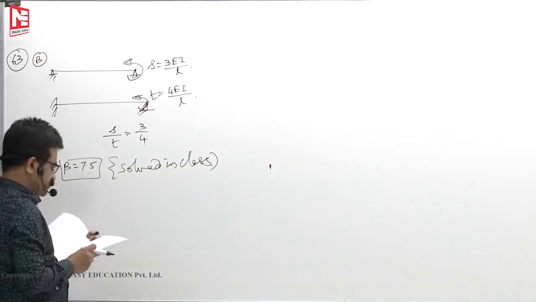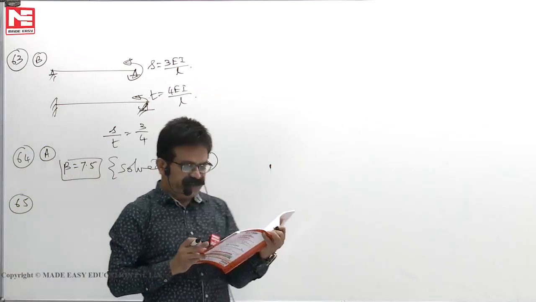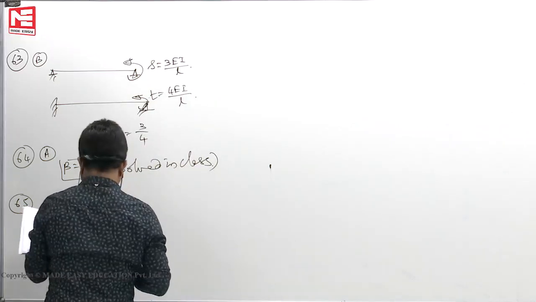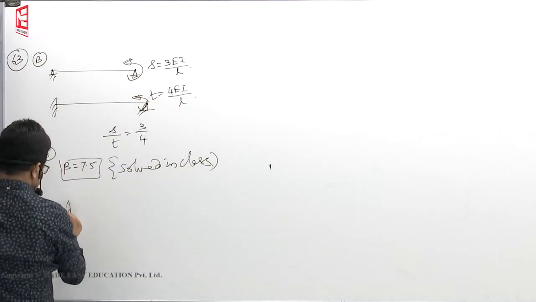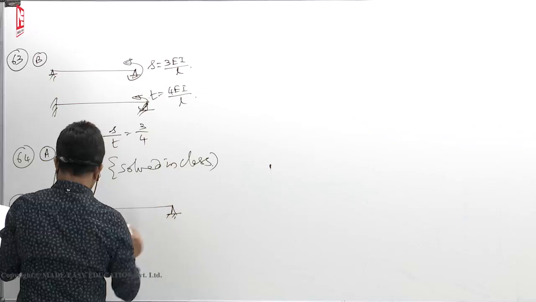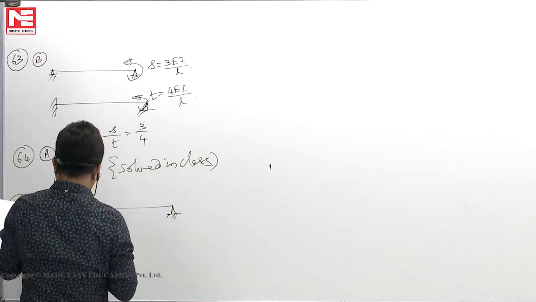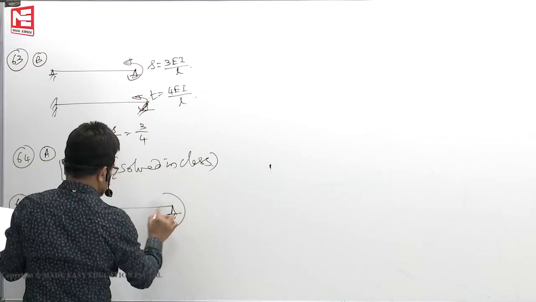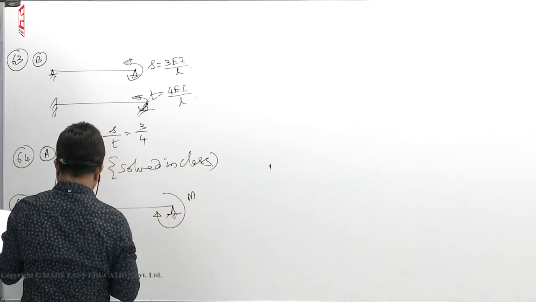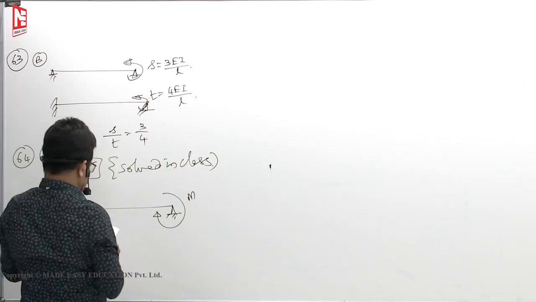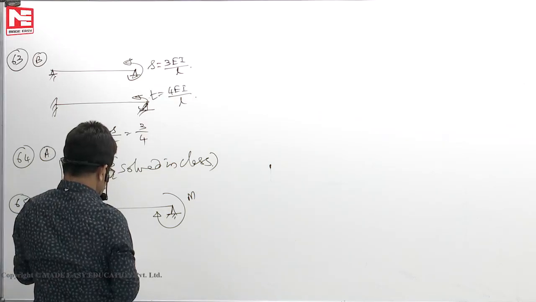Then 65. Assertion and reason. For a beam with one end fixed and the other end hinged, when a positive moment M is applied to the hinged end, positive moment, let us say clockwise moment, we don't know what it is. M is applied to the hinged end of the beam.